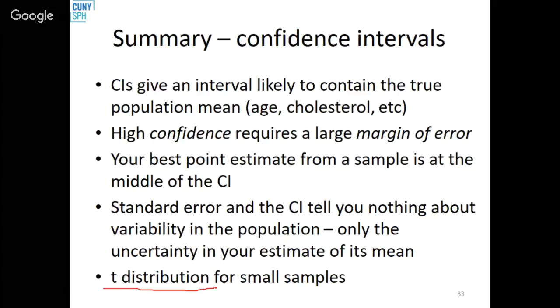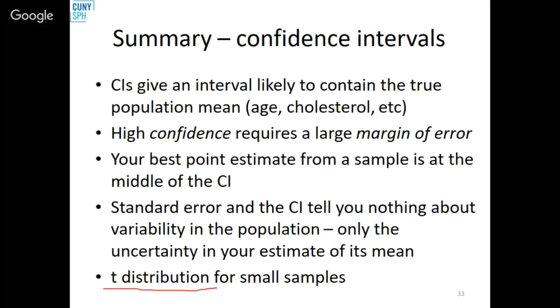Any questions before we take, say, a 5-minute break? Yes? I want to know the reason why the t-distribution gets closer to the normal distribution when the degrees of freedom increase. Is it that the standard deviation we get from samples gets closer to the population sigma when the sample size is larger?